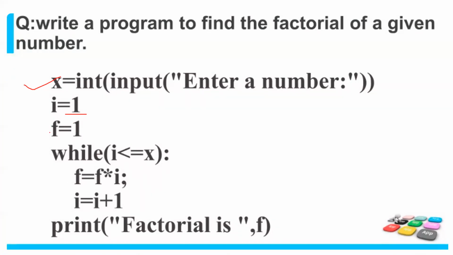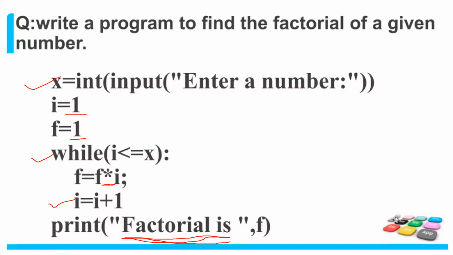You can use S also, or F. F is related to factorial, so I am writing F here, but you can write S also. Here I am starting it from 1. And the third point of difference is this one. Apart from this, you can see the code is almost the same. We are incrementing the values. This has just been multiplied. And in place of summation, I am writing the message that it is factorial, nothing else.